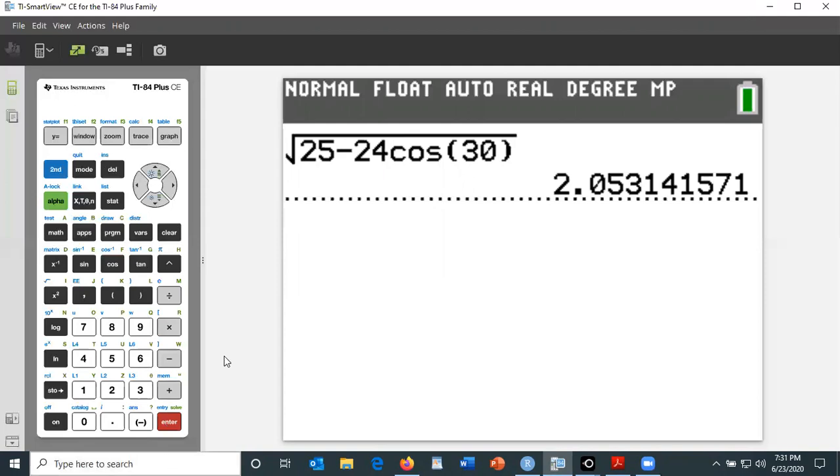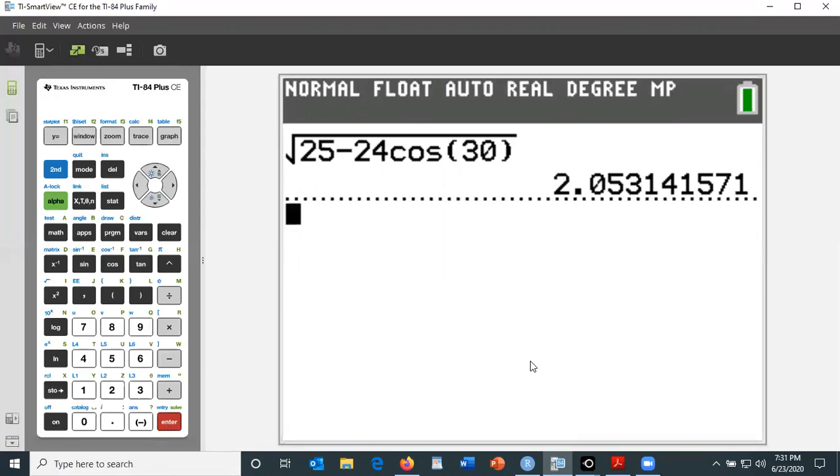Oh, by the way, the square root symbol, if you didn't see the buttons move, you have to hit second and then this x squared button here because there's a square root symbol above it. So second and then the x squared button will give you a square root over everything. If you remember your algebra, you can also use an exponent of a half for the square root.